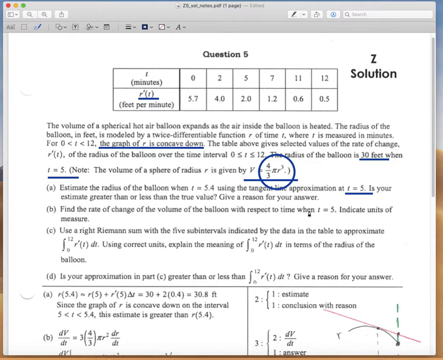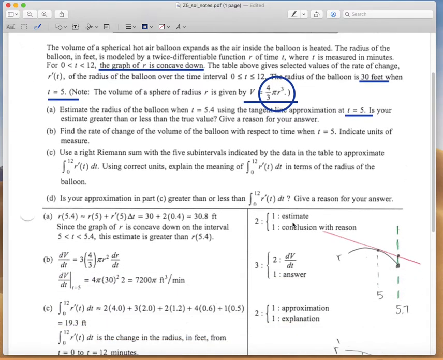So I need to take the derivative of that with respect to time. Just think, r is a function of time. I need the chain rule. It's really implicit differentiation. So I can talk about it all day long, but that's what you need to write.